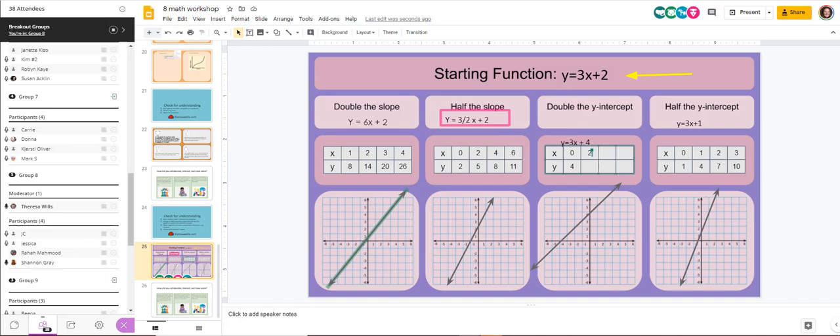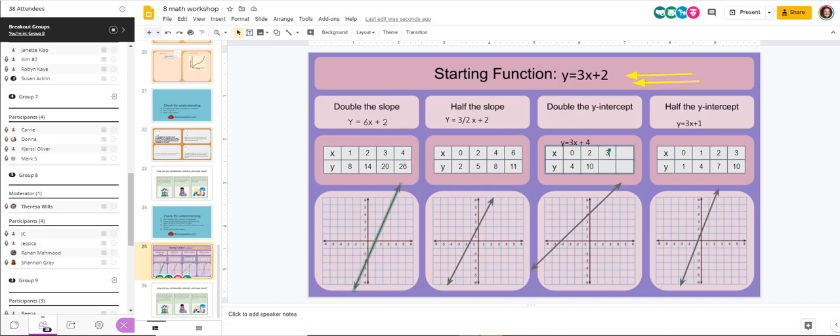And why is that? What's happening there in terms of the pedagogy and the thinking that the kids are doing? They're still having to go through identifying the parts of the given function and then doing the transformation. If I'm asked to half the y-intercept and I'm stuck, I could compare if the third column is already done.